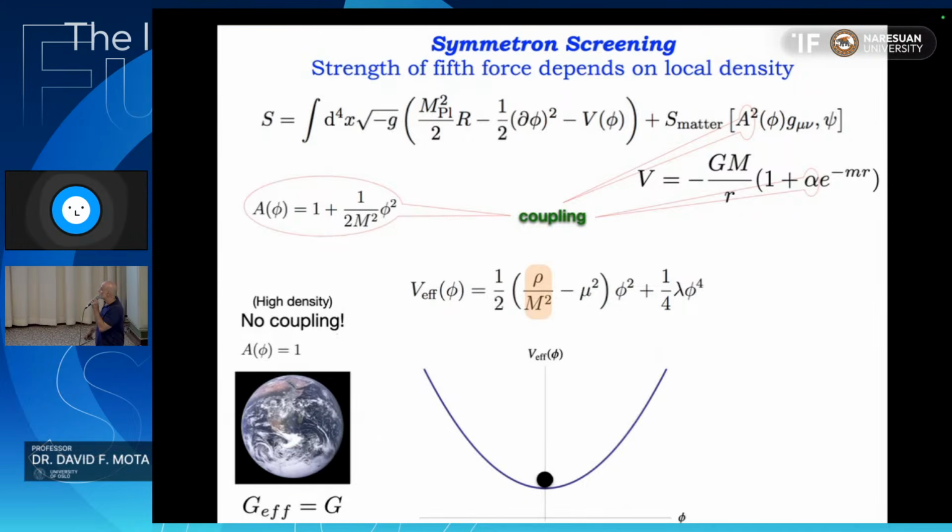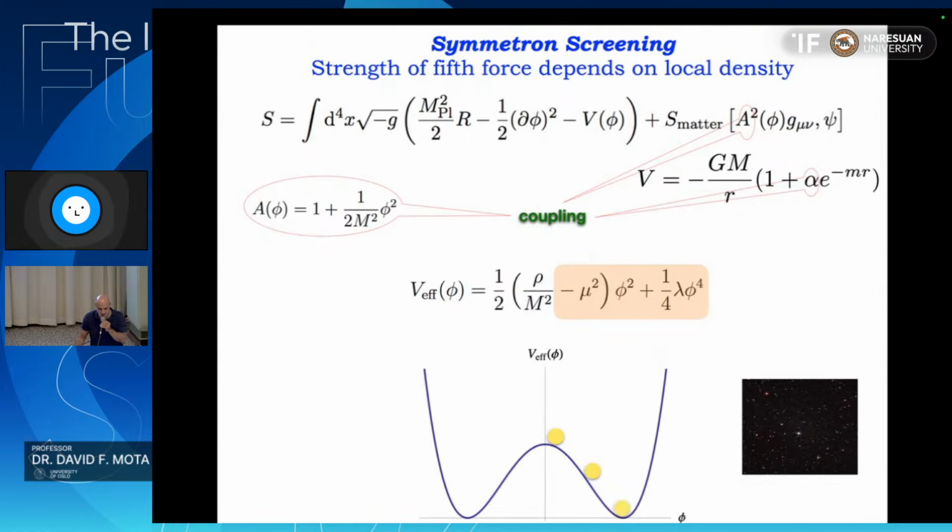Okay? Now in the other situation when rho is very low, so if you go to the very large scales of the universe, where rho is several orders of magnitude lower than in the solar system, what you have is that the other terms of the effective potential become important, the phi squared and phi to the 4th, and the scalar field rolls down to the other minimum of the potential.